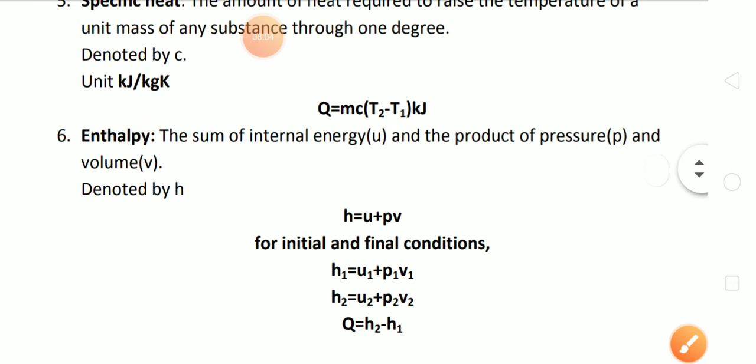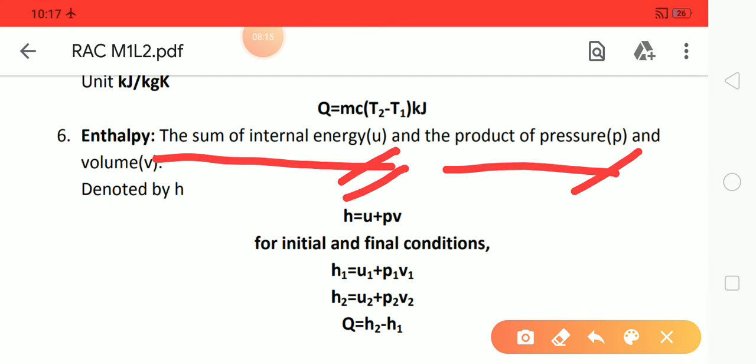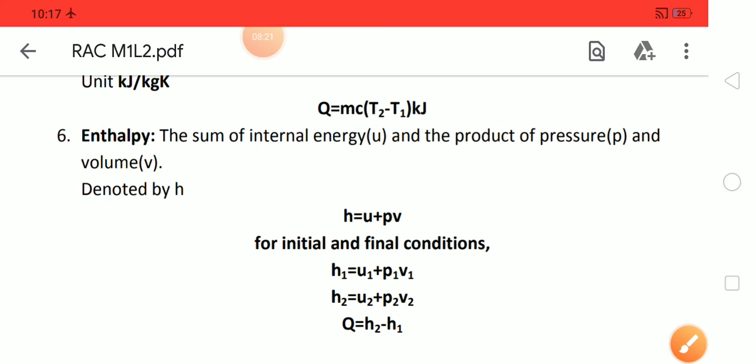Now the sixth one is enthalpy. Enthalpy is the sum of internal energy, denoted as U, and the product of pressure, denoted as small letter p, and volume, also denoted by V. So the total enthalpy is denoted by small letter h, that is U plus PV.